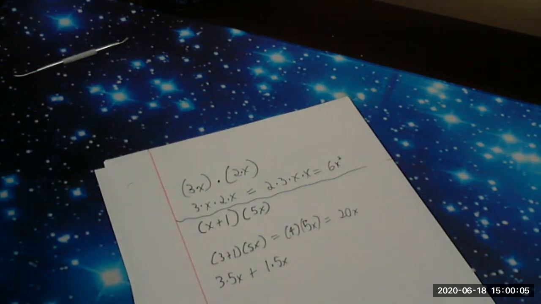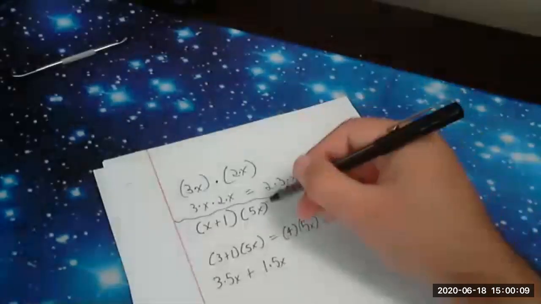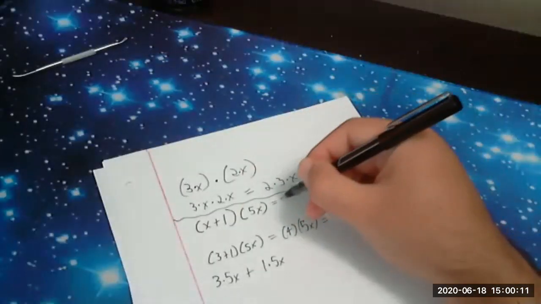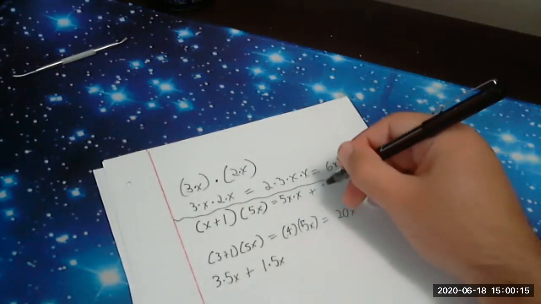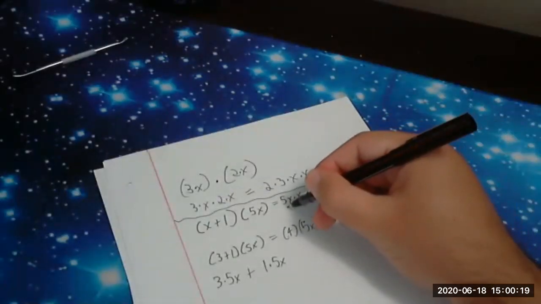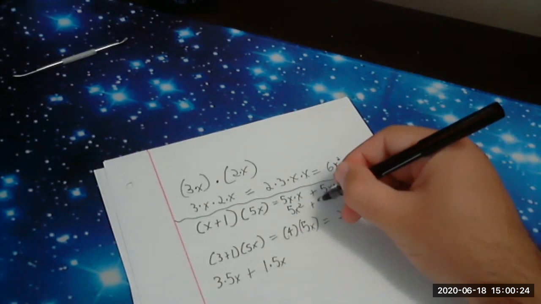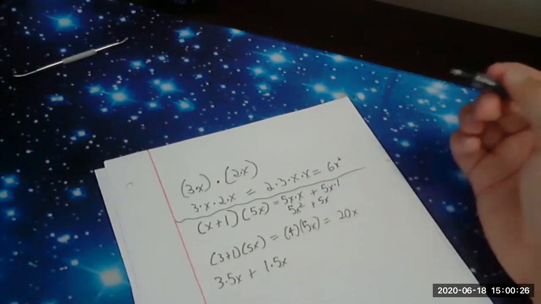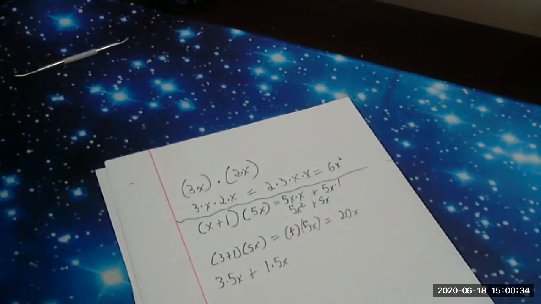So if we distribute in the first one, like you said, 5x times x plus 5x times 1, which is 5x squared plus 5x. So this is where things start to get, like I said, a little involved for some people, and it's okay.